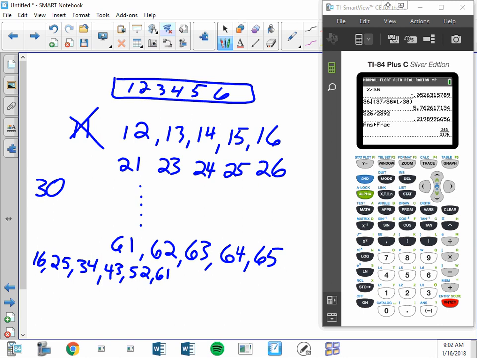So what's the theoretical probability of pulling out 2 numbers that add to be 7? Well, there are 6 of these over 30, which is equal to 1 out of 5.